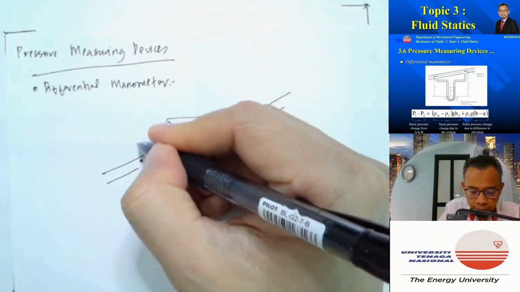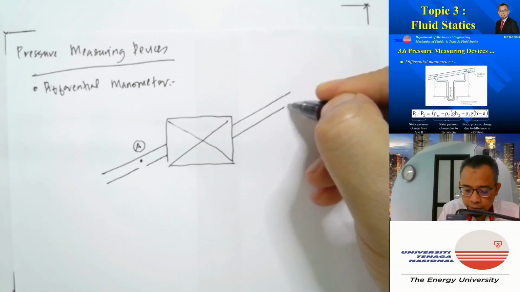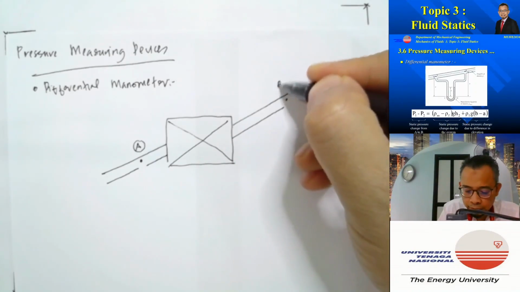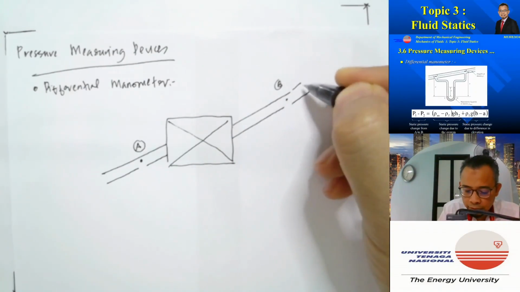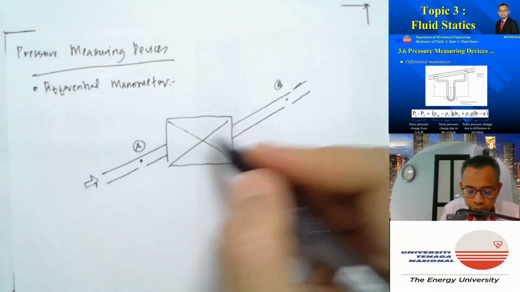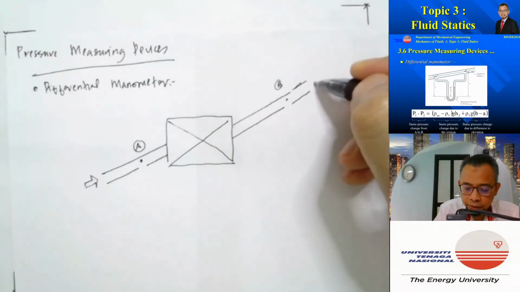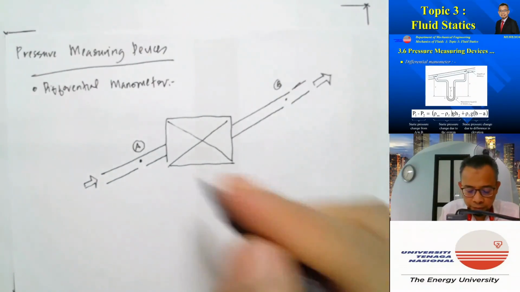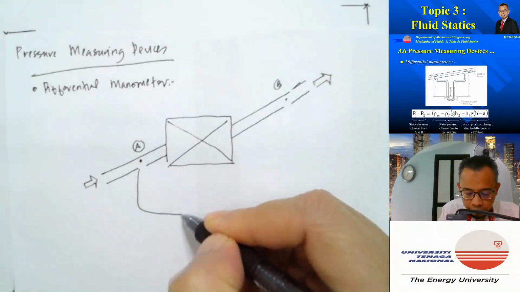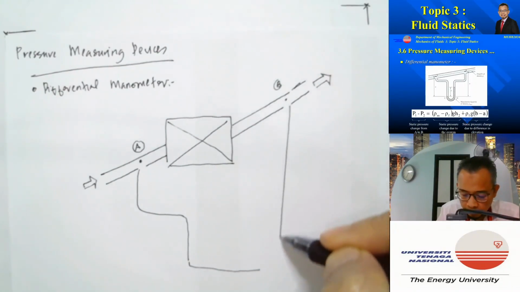And I'm going to call this point A, one point within the fluid system. And this is point B, that's another point within the fluid system. Let's say fluid comes in there, passes through point A, and then goes through this system. And then after that, it goes out here. So we're going to use a manometer system like that.